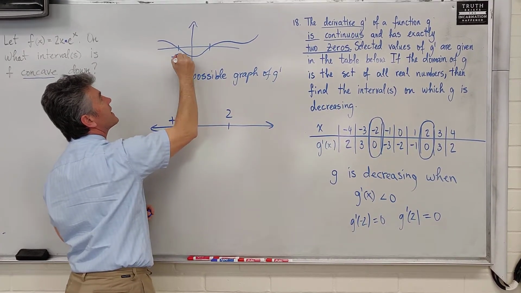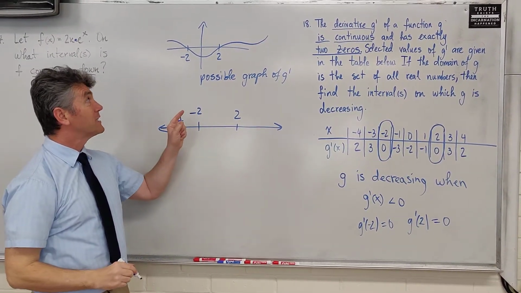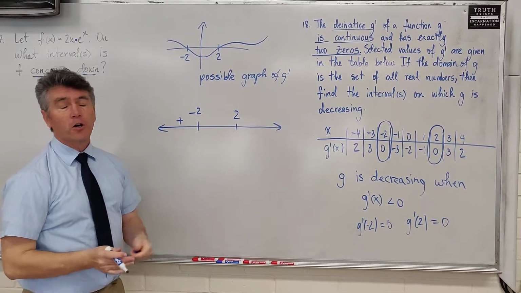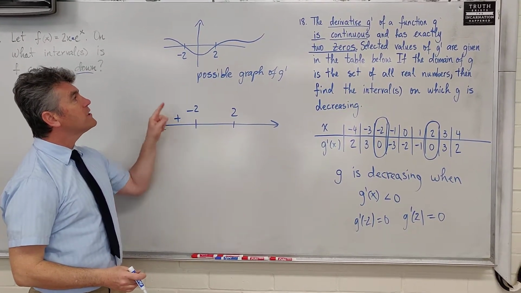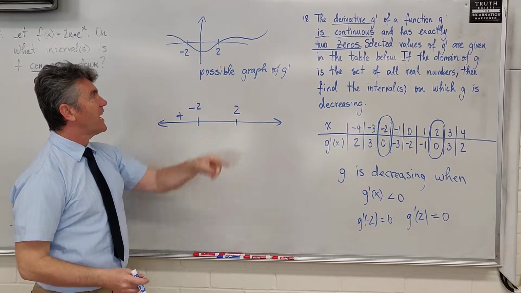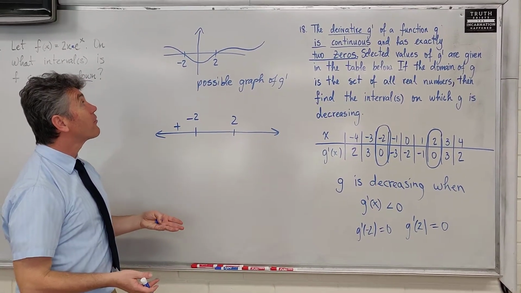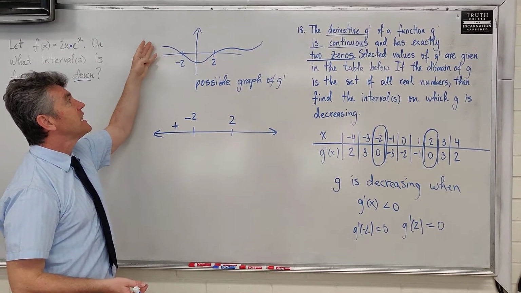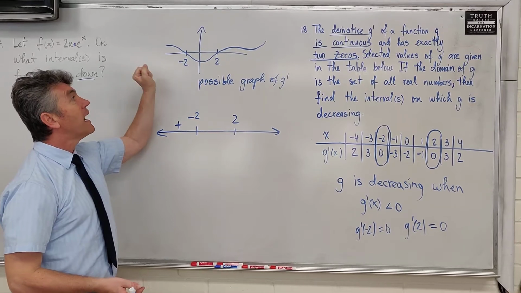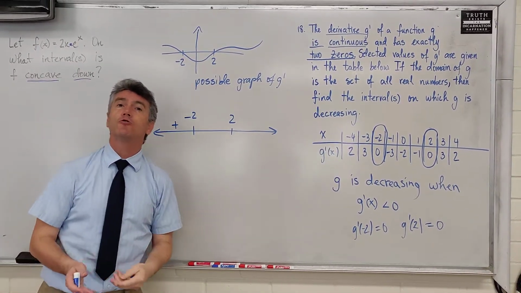What's the only thing that is important to me? It's important to me that g prime is continuous and there are no gaps, no jumps, nothing in the graph. So once the graph of g prime is below the x-axis, it will stay below the x-axis, and once the graph of g prime is above the x-axis, then it will stay there, because the graph of g prime only crosses the x-axis at 2 points.